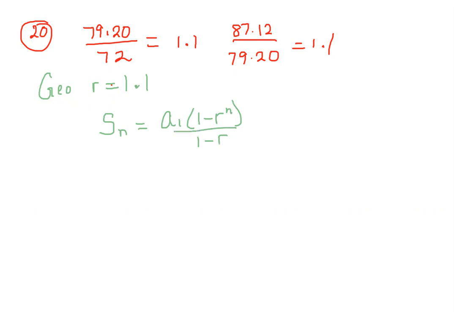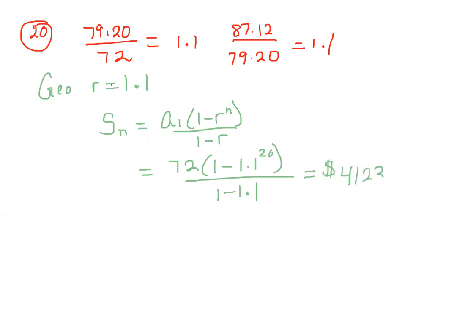And we're going to say a1 is 72, r is 1.1, n is 20, and this should give you 4,123.80. And that is the end of this chapter.